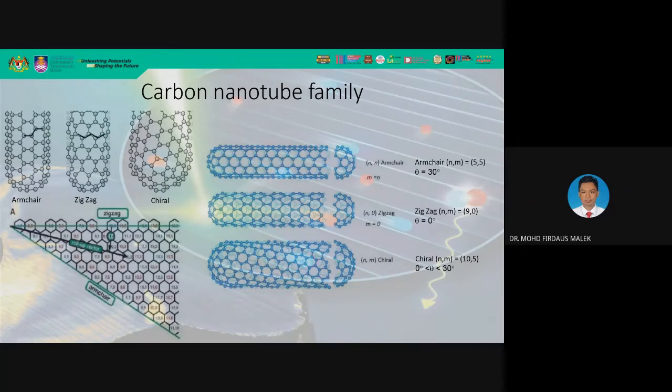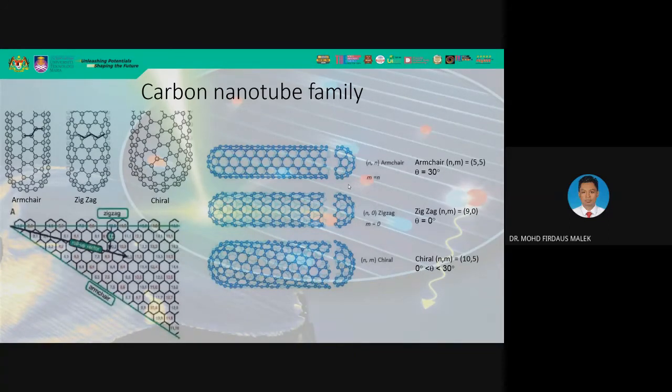For this formation, the electrical properties of carbon nanotubes depend on how the hexagons are oriented along the axis of the tube. So these three orientations will affect the electrical properties. Armchair carbon nanotubes have electrical properties similar to metals, which is very conductive.